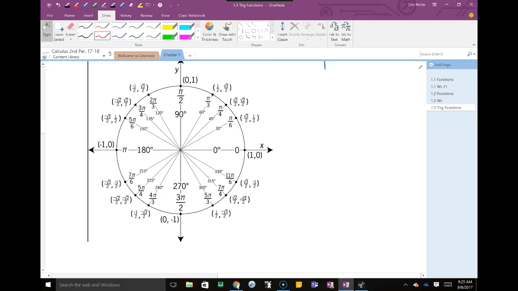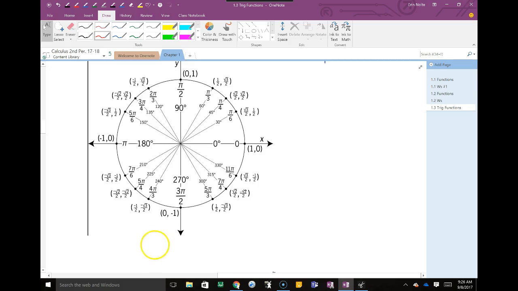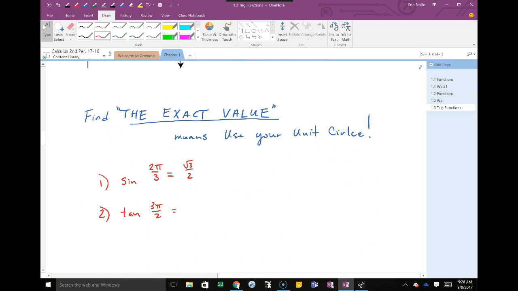Okay, what is tangent? Y over x. Negative 1 over 0. What's negative 1 over 0? Oh, buddy. Can you divide by 0? So what is this one? Undefined, okay?